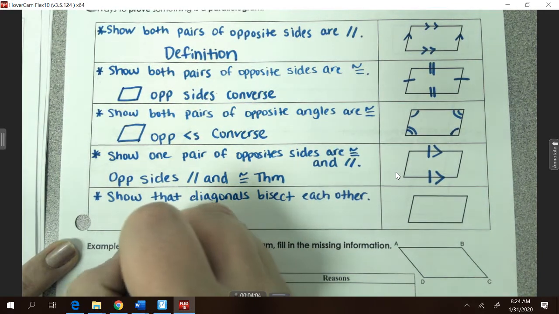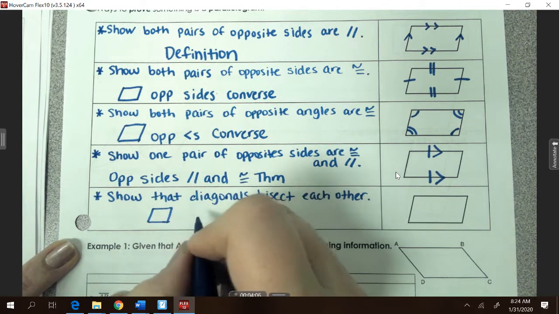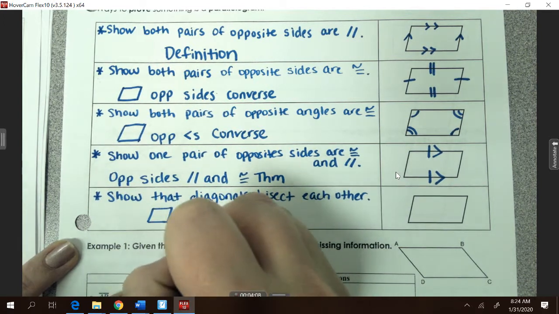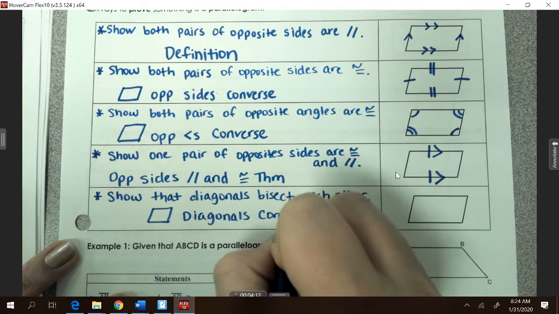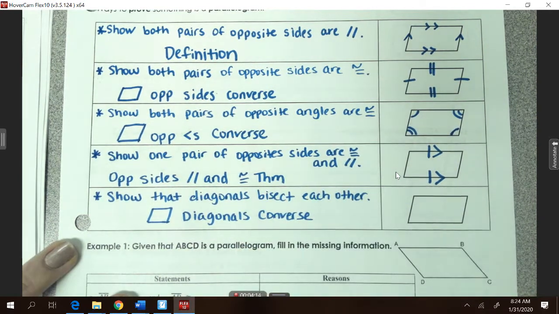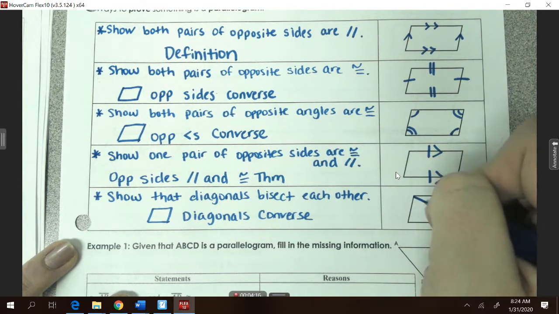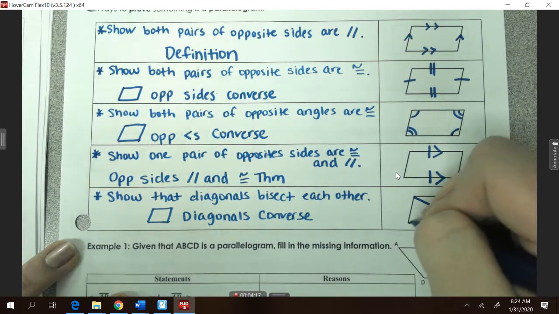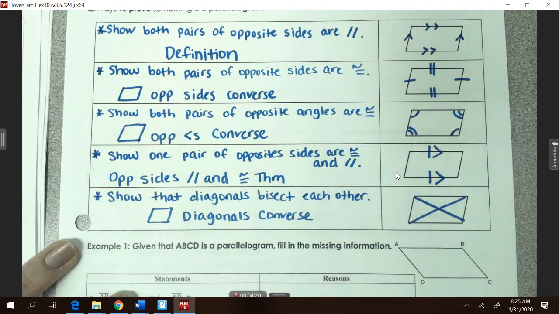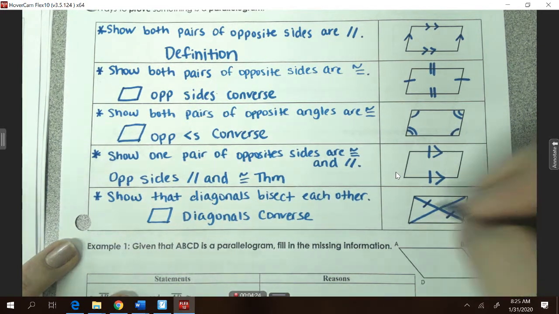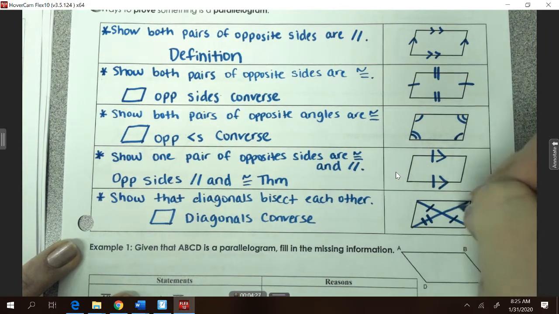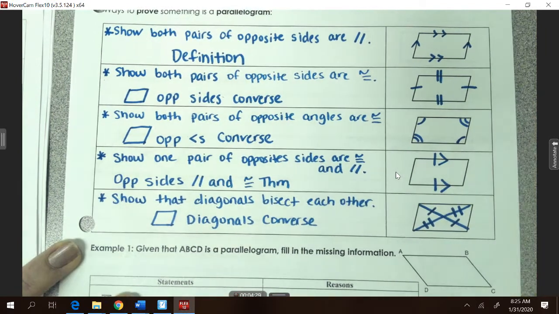And that is called the parallelogram diagonals converse. Okay. And let's see, if the diagonals bisect each other, let's go ahead and draw in the diagonals. That would mean that this part of the diagonal is congruent to this part of the diagonal, and this part of the diagonal is congruent to this part of the diagonal.